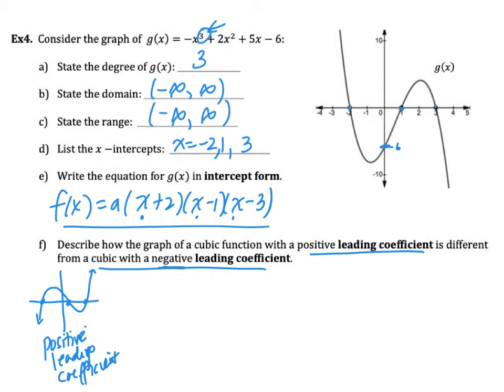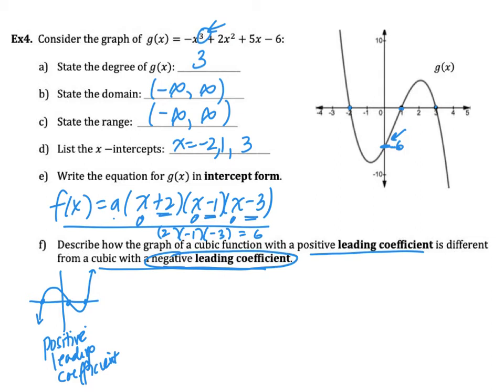Well, yeah, if this has to be -6, 2 times -1 times -3, when I put in 0 for x, right, I'm going to get 2 times -1 times -3. That gives me a positive 6. But clearly this is a negative y value, so my a value must be negative. So I must have a negative leading coefficient.